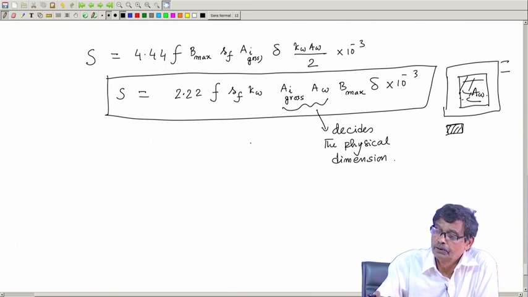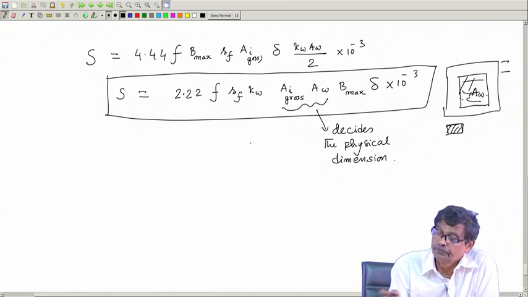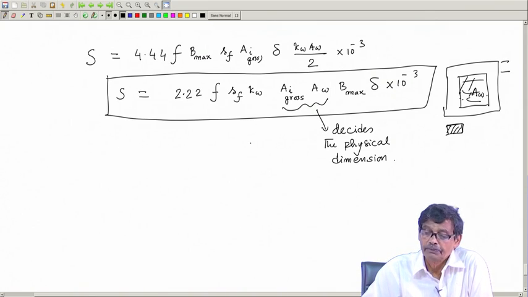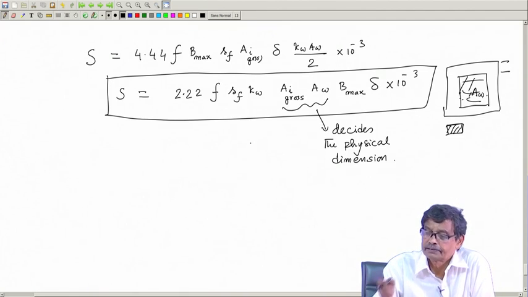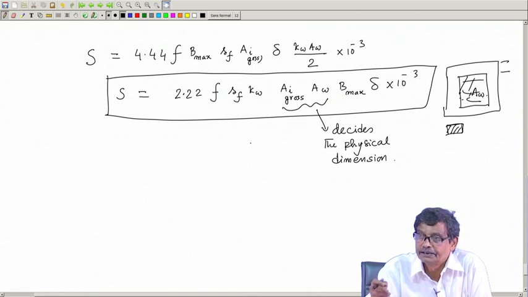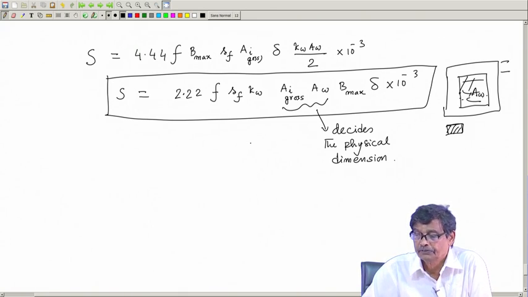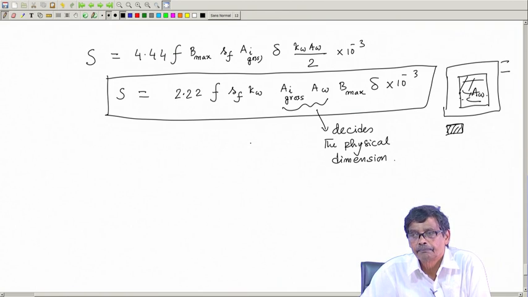But for the time being, look at this single phase equation and listen carefully to what I am telling. When a transformer is operating at full load condition, your B max will be at the rated value, I told you, rated voltage. Similarly, your current density also will be highest, corresponding to rated current. At that time, the full load losses will take place, and finally, that is going to decide what the temperature rise will be.